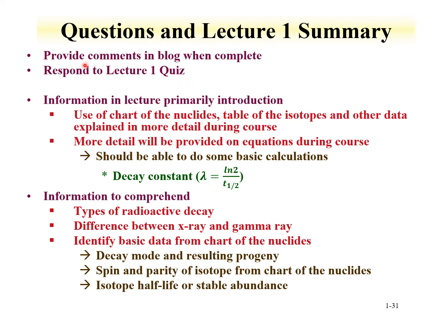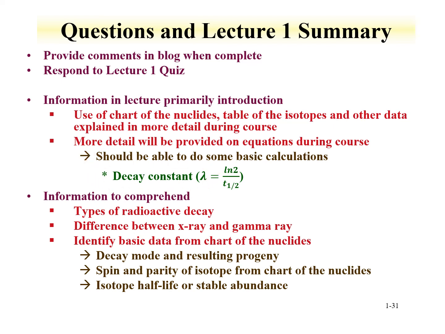The information in this lecture was primarily introductory in nature. The data, chart of the nuclides, table of the isotopes, and other information will be explored in more detail in subsequent lectures. There were some calculations that were described, and you should be responsible for some very basic calculations, such as decay constants, which are just log 2 divided by the half-life.